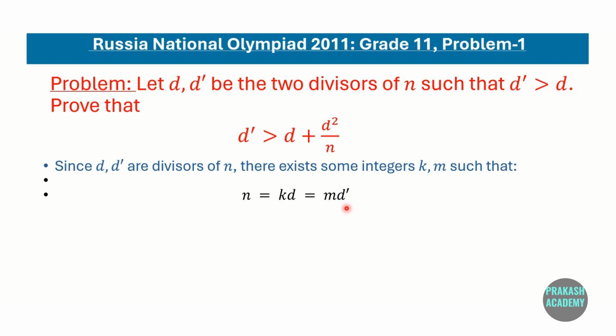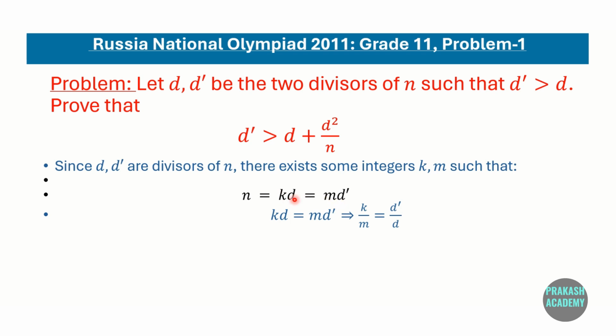This is the definition of a divisor. If the divisor is d and I multiply it with some integer, which is k, I will get the number. Similarly, if d dash is the divisor and I multiply it with some integer, let's say m, then I will get the number n.